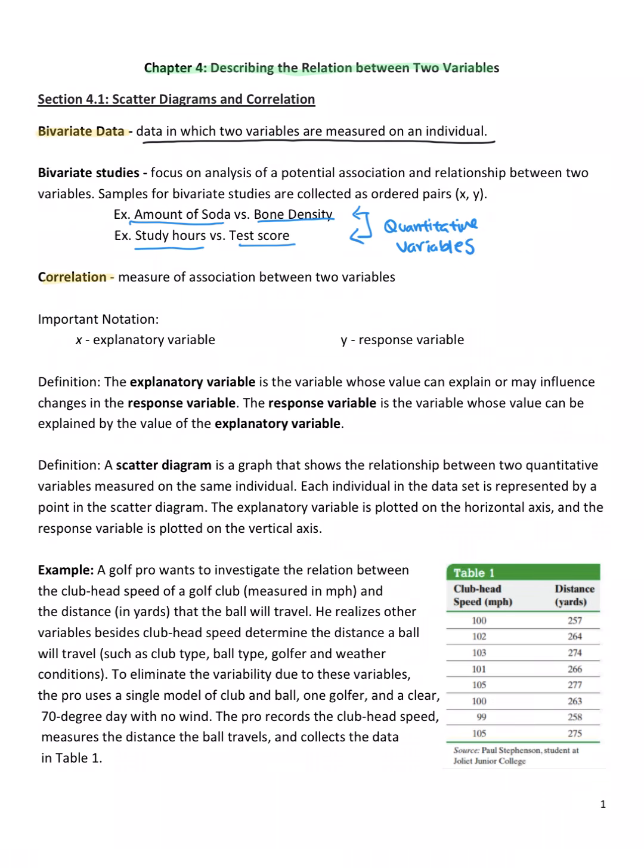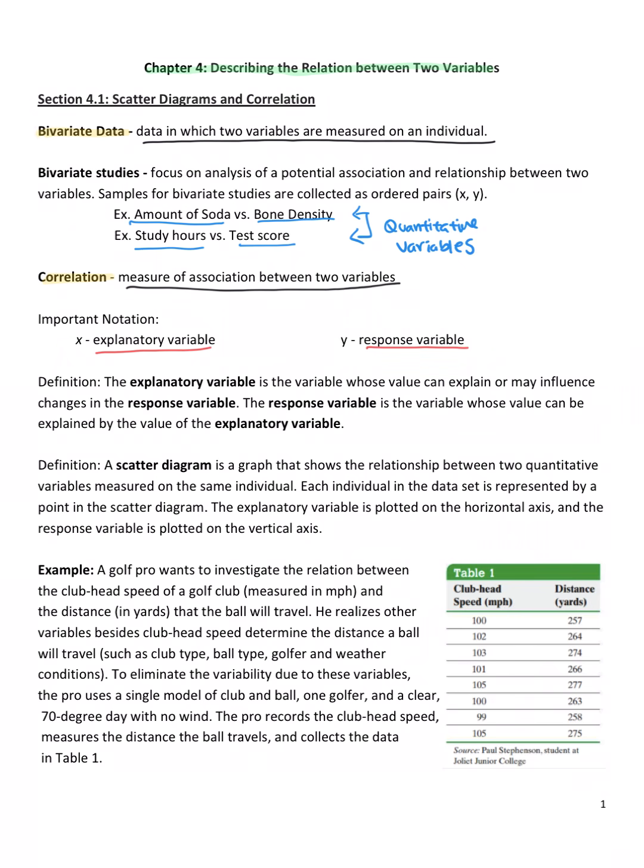Okay, so let's go ahead and talk about the key term and notation. Correlation is a measure of association between two variables. The two variables that we will be working with are called the explanatory variable and response variable.